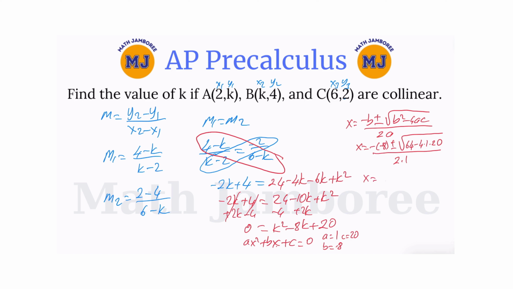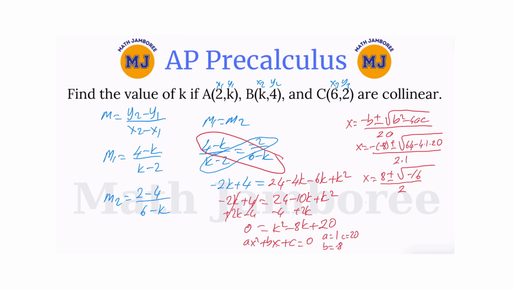Then k will be equal to positive 8 plus or minus the square root of 64 minus 4 times 1 times 20, which is 80. So this becomes the square root of negative 16, over 2.